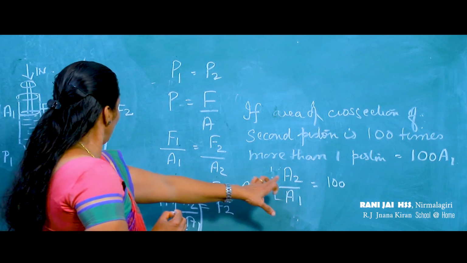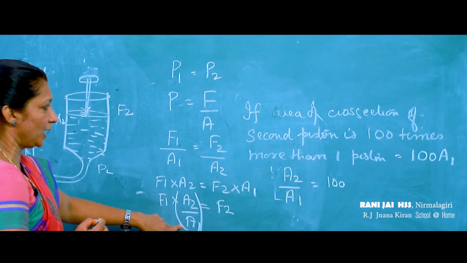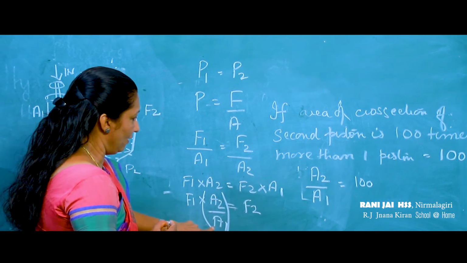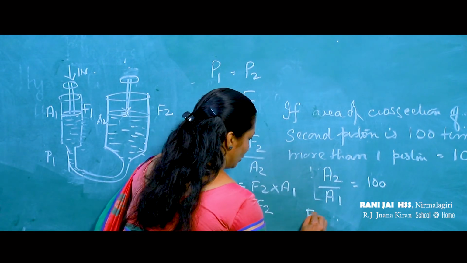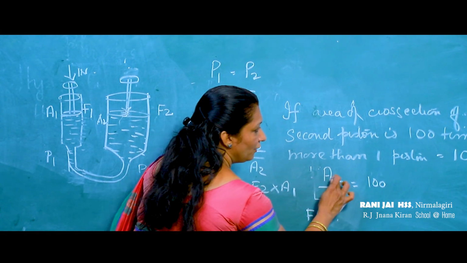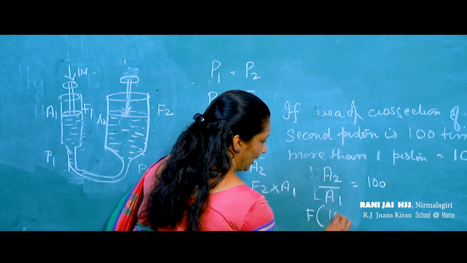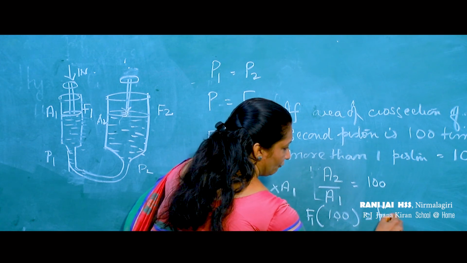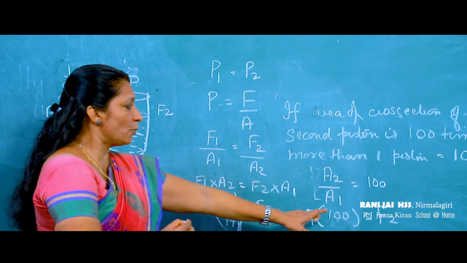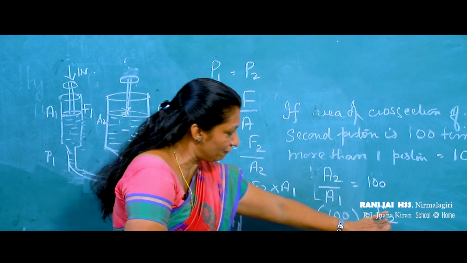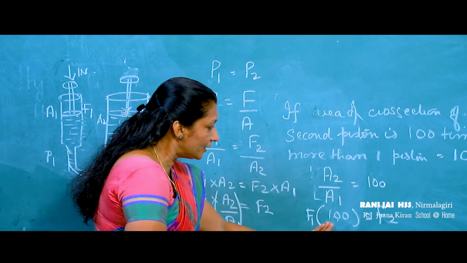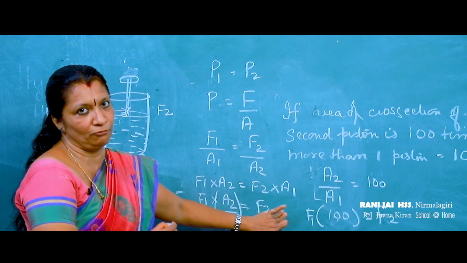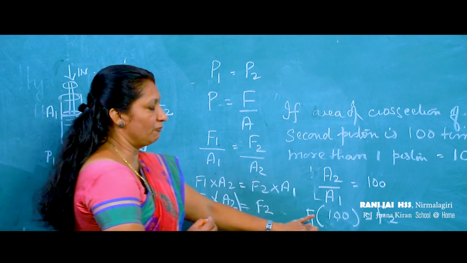Okay. So next, instead of A2 by A1, what will you write here? 100. F1 into 100 is equal to F2. So what can you understand from this? F2 will be 100 times more than that of F1.